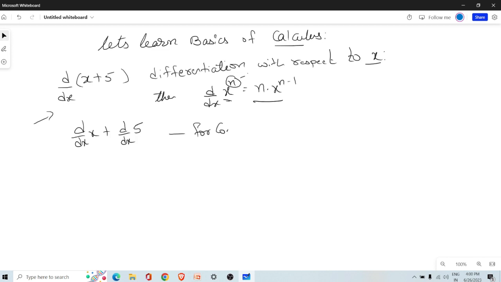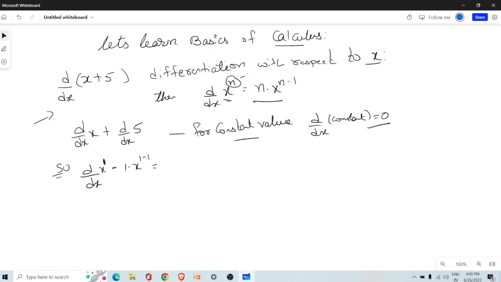For constant values, the differentiation of that constant is always 0. So d by dx of x, where the power is 1, can be written as 1 into x power 1 minus 1, which is 1 into x power 0.